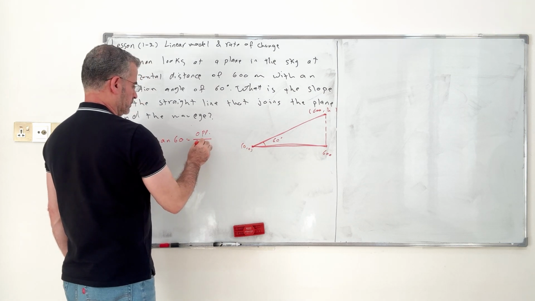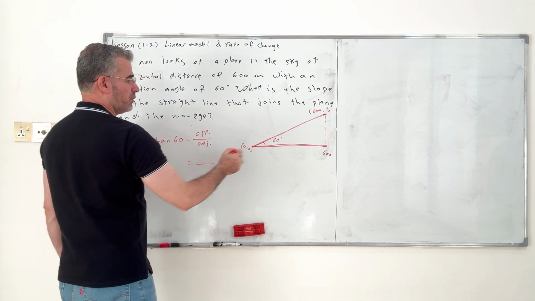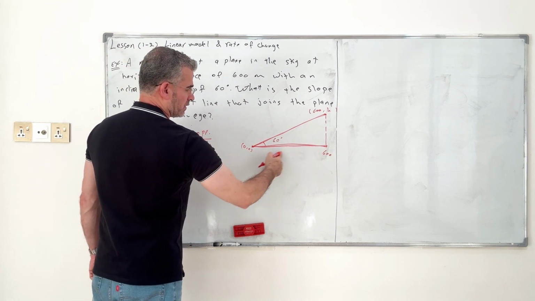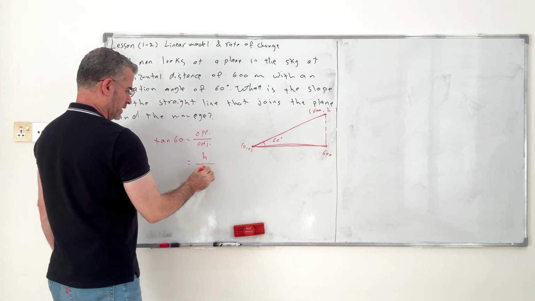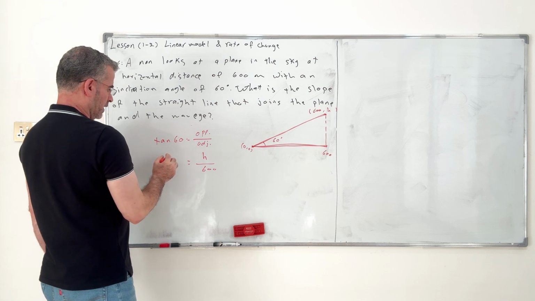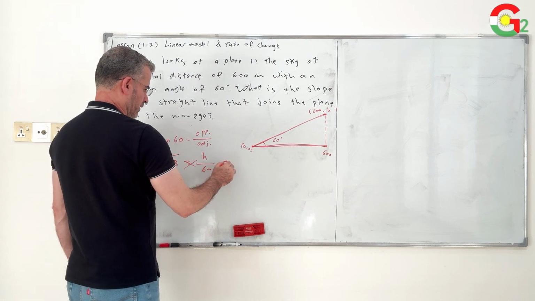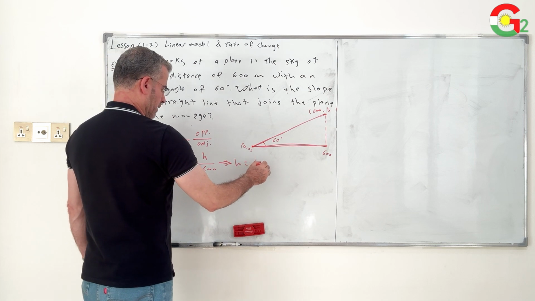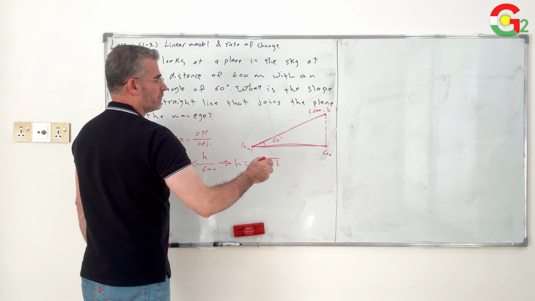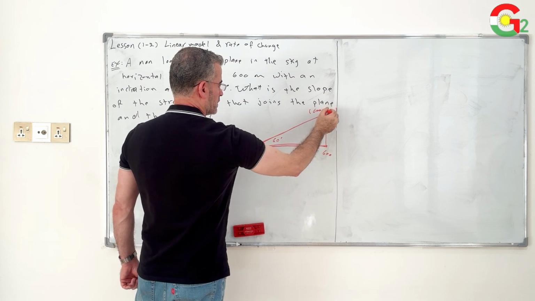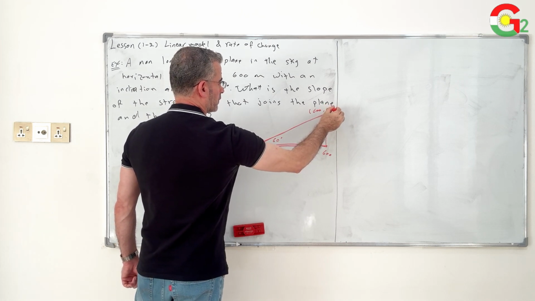Adjacent equal to opposite, it is unknown, h. Adjacent is given to me 600, and tan 60 is square root 3. Then h will be 600 square root 3. I can substitute here 600 square root 3.